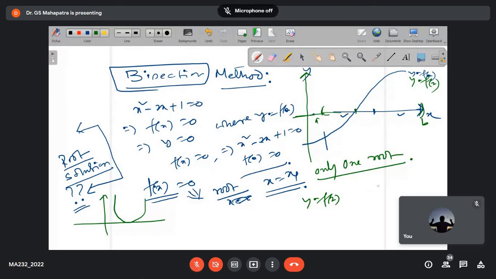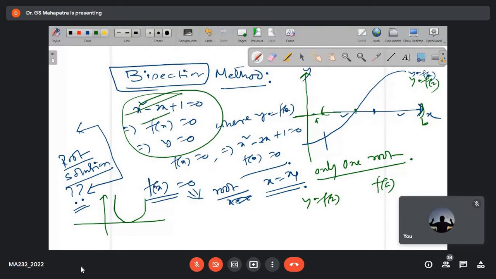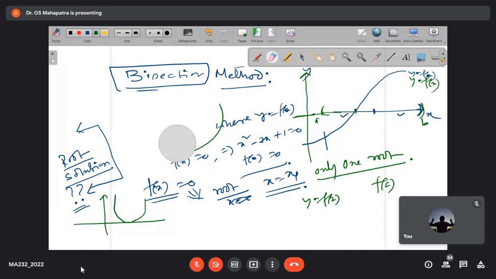One. Fine. What is the f of a value? Quick answer. No, forget about this one. Okay, now say y equals f of x. I have to change this one. Now f of x is any curve.